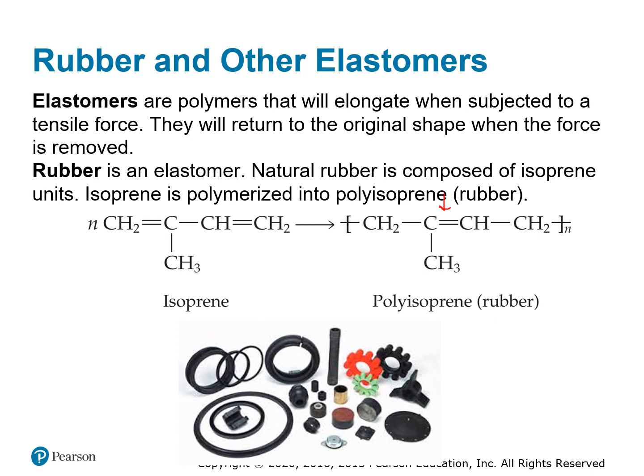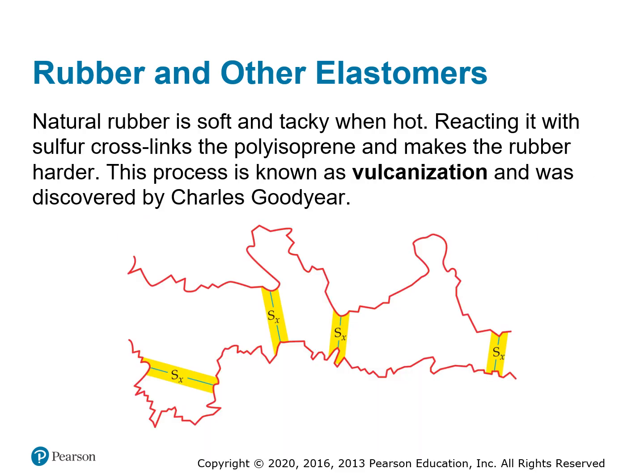The product still has one pi bond. You have all these units being repeated, and that is rubber, only isoprene. We say it's an elastomer because it is elastic; it can change shape. So natural rubber is made of isoprene units. This is the structure of rubber. And below are some products like that.